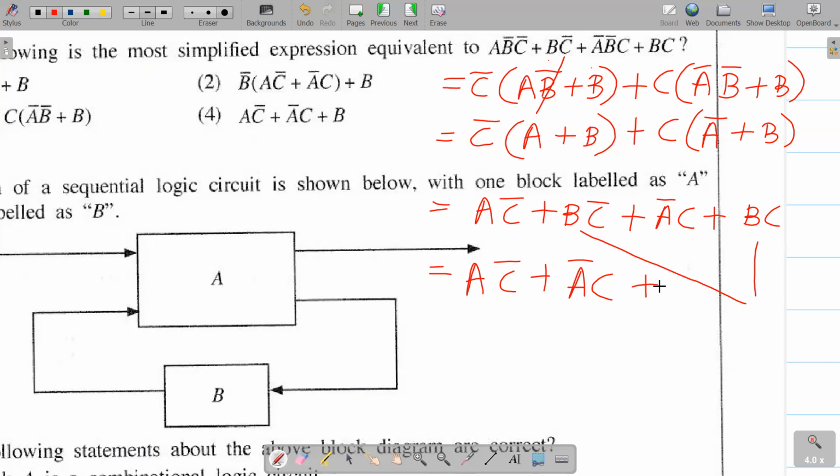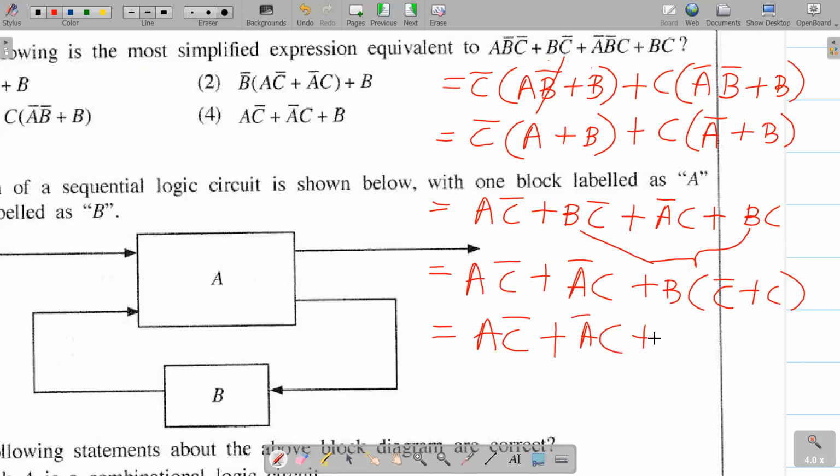From here we can take B out. It will give us C bar plus C, which is 1. So AC bar plus A bar C plus B. That would be the most simplified answer, which is the fourth one.